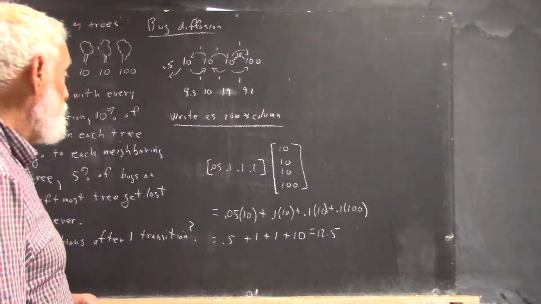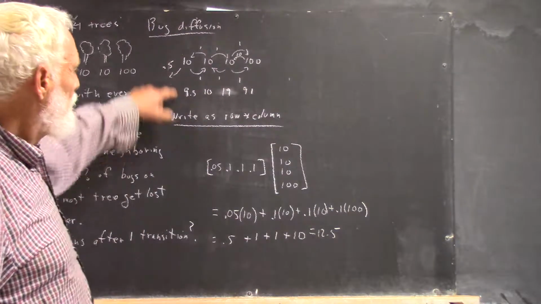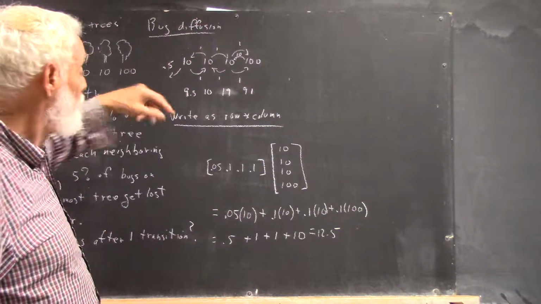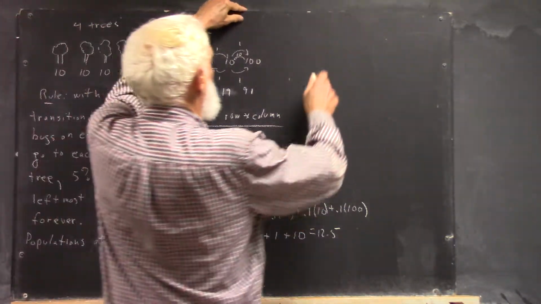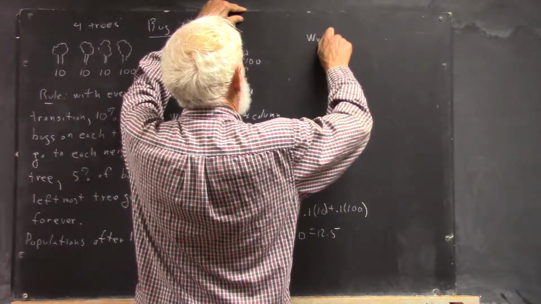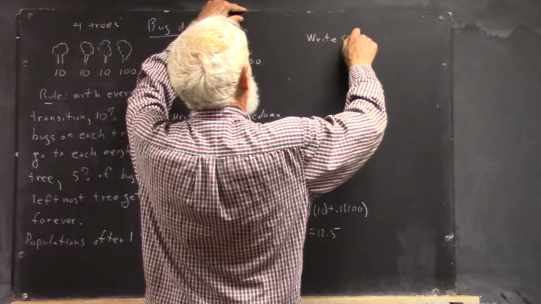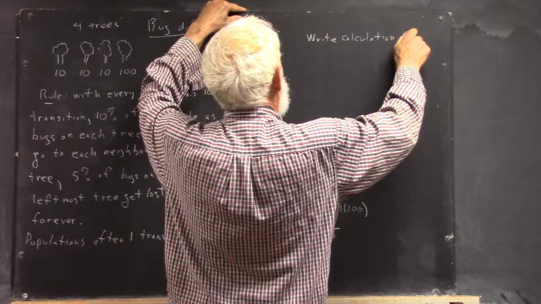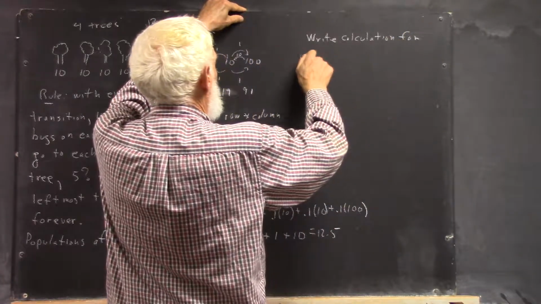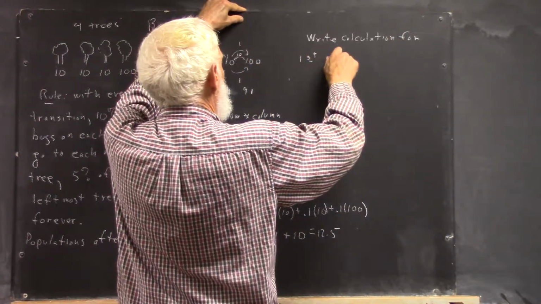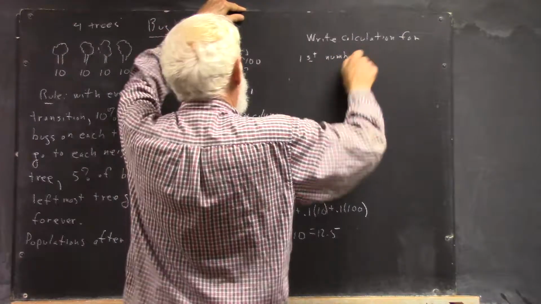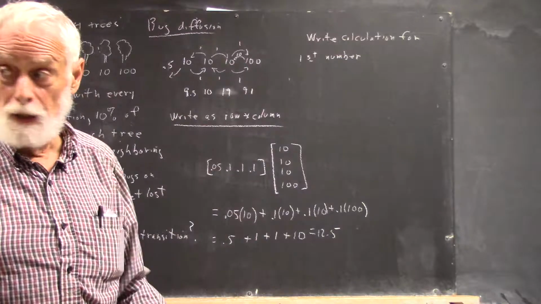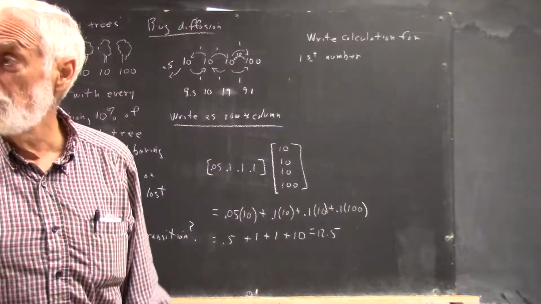Now, what I want to do is, okay, we can't write this whole calculation as a single row by a single column, but what we can do is write the calculation for the first number, that is, for the number of bugs in this tree. It's going to end up with 9.5, but don't just write down some matrix calculation that gives you 9.5.